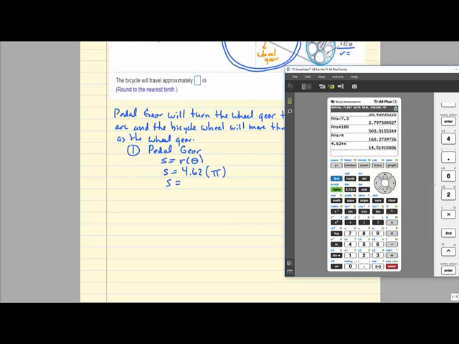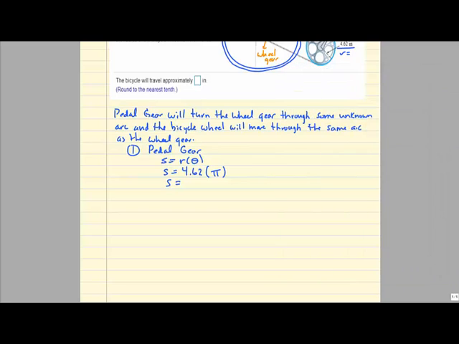So here I get 14.51415806. Okay, so that's good to know. So that's the arc length for the pedal gear. And if we wanted to, we could put inches on that.